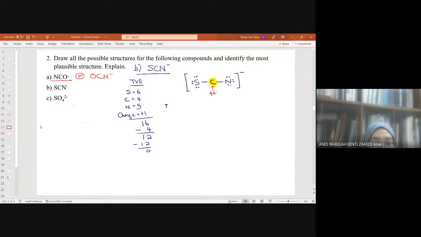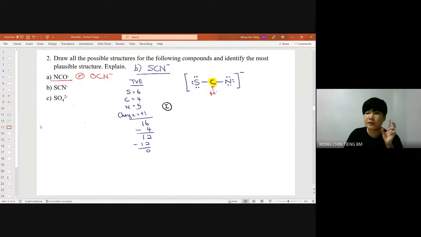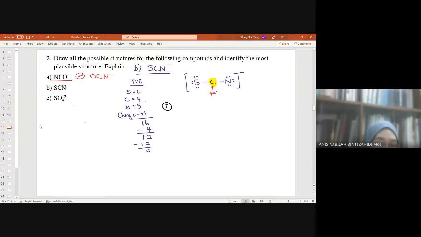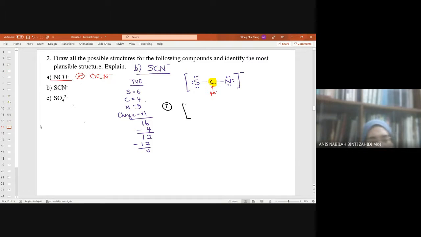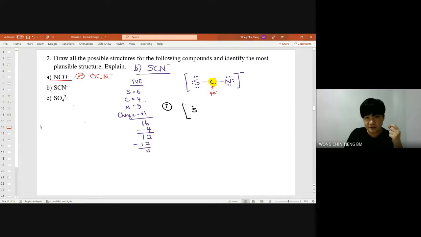Ambil lone pair daripada N. Ambil 2 lone pair, so jadi triple bond. Jadi triple bond, bermakna sulfur saya tak usik lah, sebab Anis kata ambil dari nitrogen je. So, sulfur kekal. Carbon jadi triple bond sebab nitrogen dah hilang 2 lone pair. Betul Anis? Betul. Okay. Next.